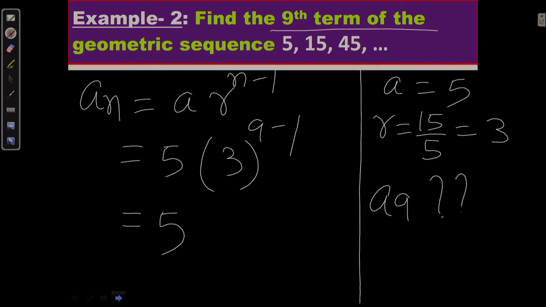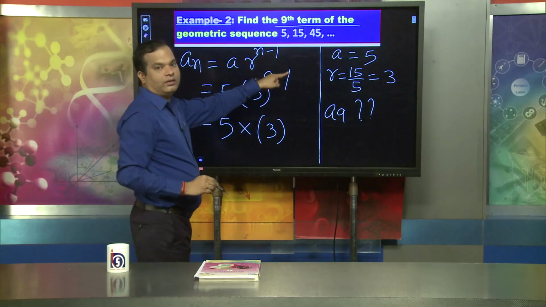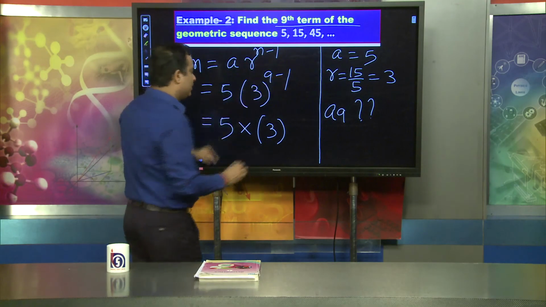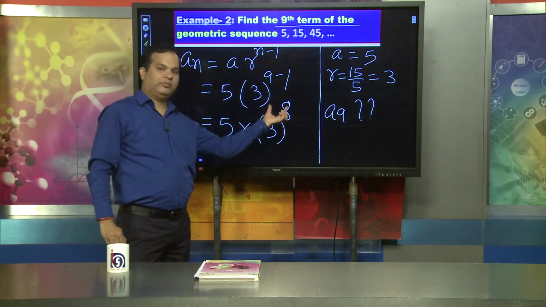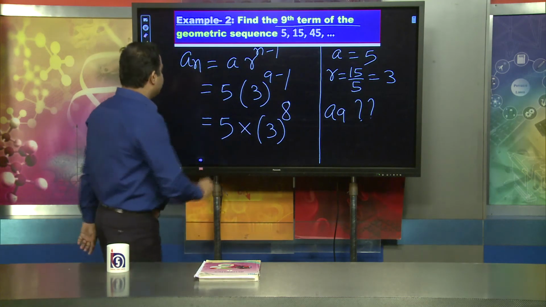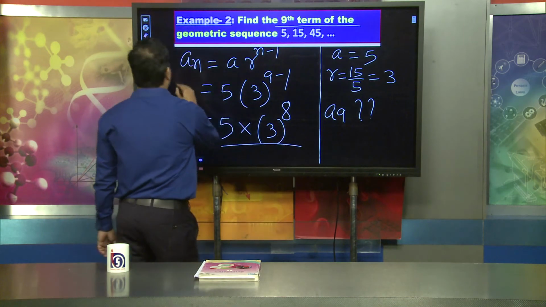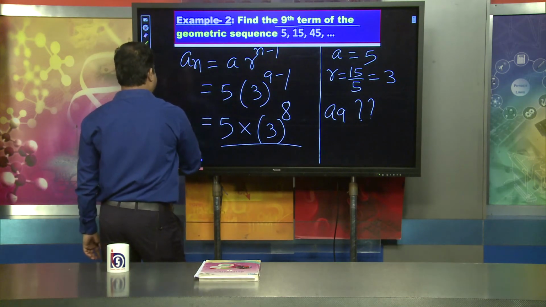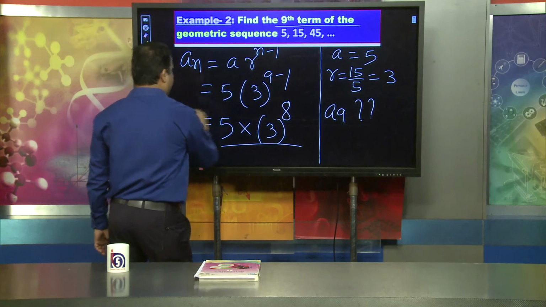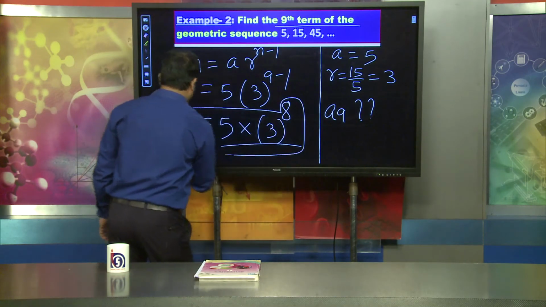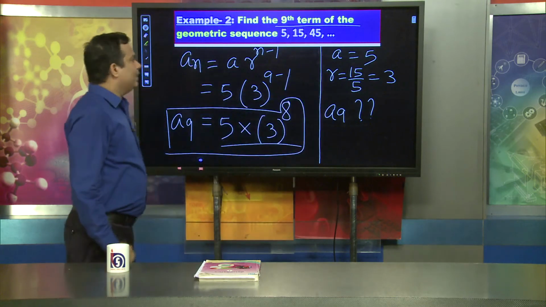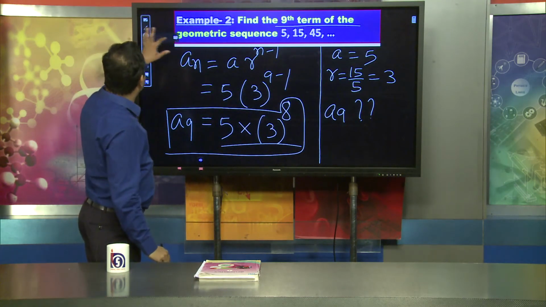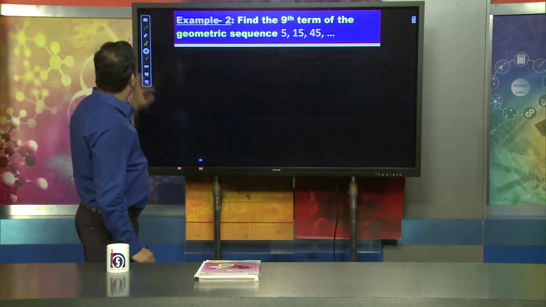That means 5 multiplied by 3 raised to the power 8. Then we find the value of 3 raised to the power 8 and multiply it with 5. This gives the result a_9 of the sequence 5, 15, 45. This is the way we can find the nth term of a geometric progression.